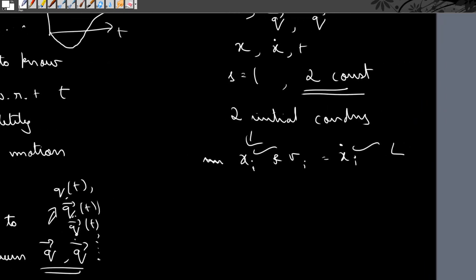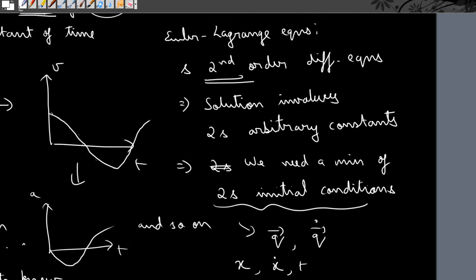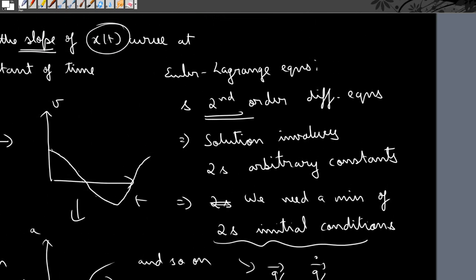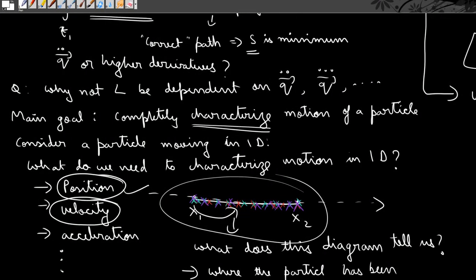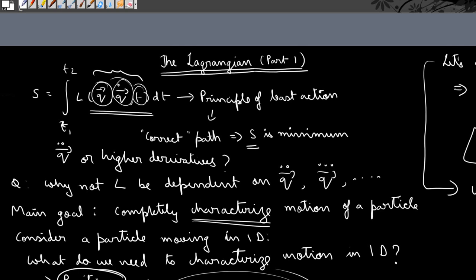So that's it for this video. To summarize what we talked about in this video, we said that it is sufficient to describe the system by a function which depends only on the generalized coordinate, the generalized velocity and time, and we need not worry about the dependence on higher derivatives, because if we know these three quantities, in principle we can completely characterize the particle's motion.